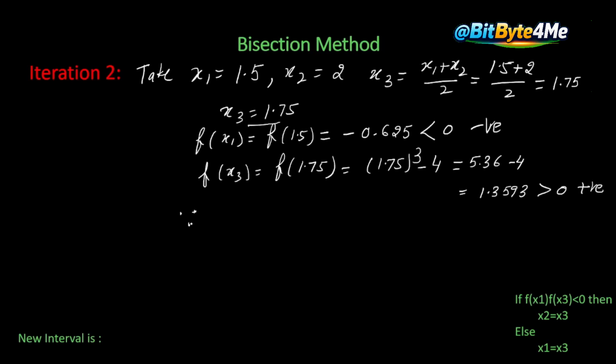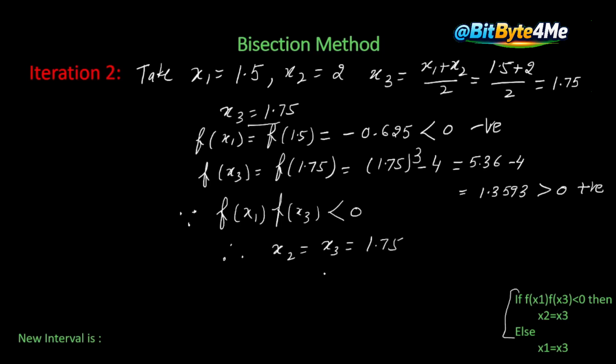Because f(x1) into f(x3) is less than 0, from this rule, we will change x2 is equal to x3. Now we will change the value of x2, that is 1.75. So we have x2 is equal to 1.75. The value of x1 remains the same and the value of x2 will change.